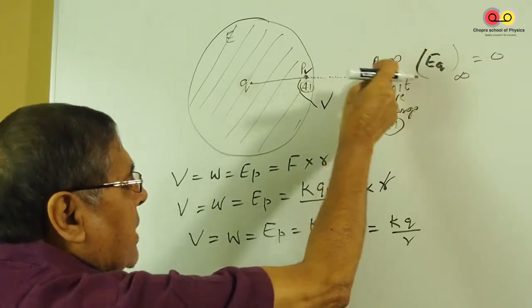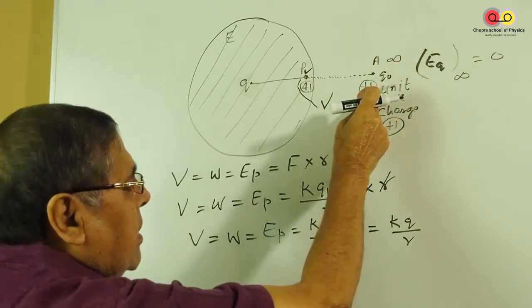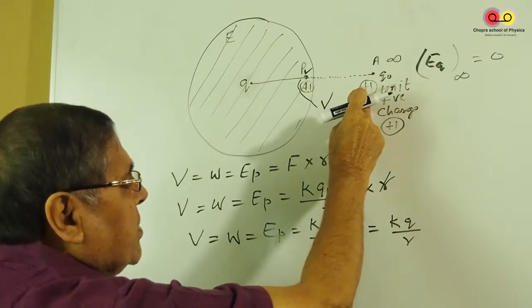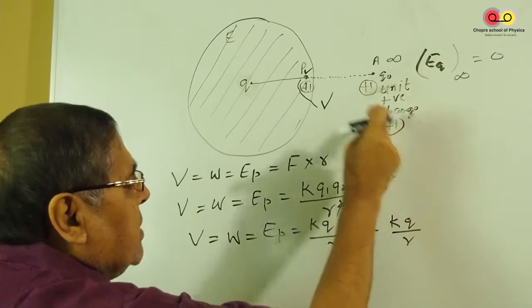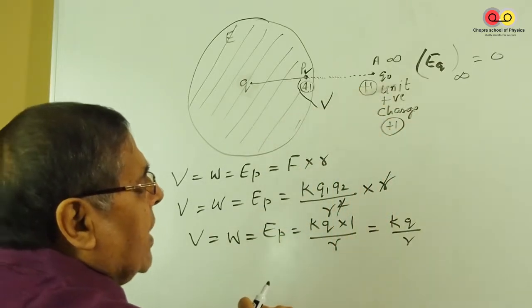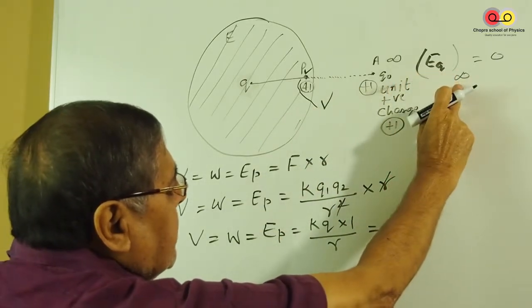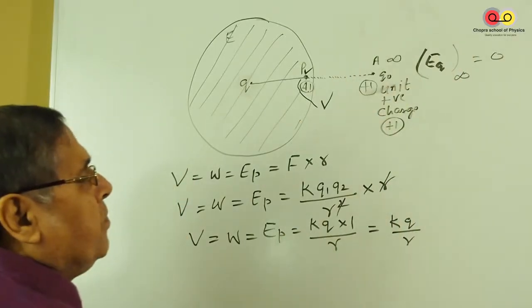Any point outside the field is called infinity. This unit positive charge will behave like a test charge. Unit positive charge means 1 Coulomb charge, and the energy of a charge at infinity is supposed to be 0.